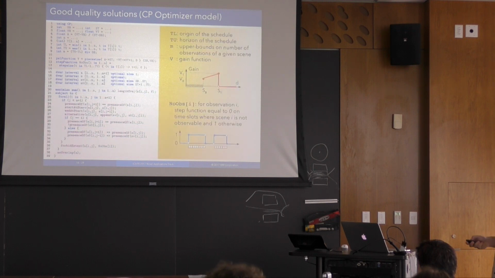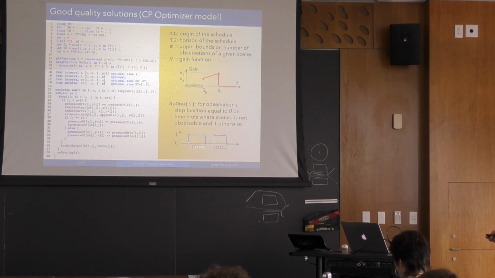Okay, so if we go a little bit more in detail, concerning the data, we have the origin of the schedule, the horizon. Of course, we have the set of observable time slots for each scene. From this, we can compute an upper bound on the number of observations for a given scene. We do not know how many observations we will use, but we can easily compute an upper bound.